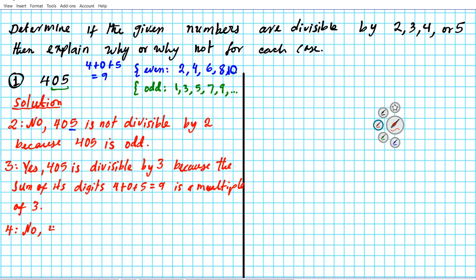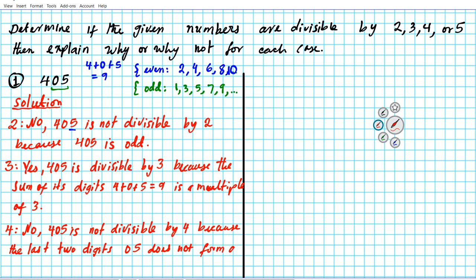Why? 405 is not divisible by 4 because the last 2 digits, which form the number 05, do not form a multiple of 4, and are not zeros.